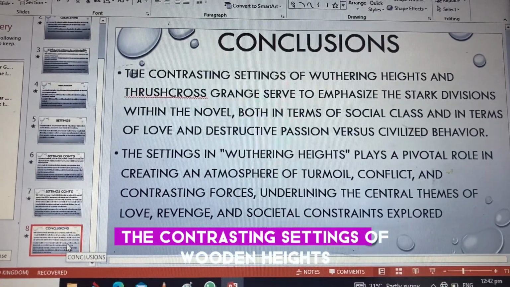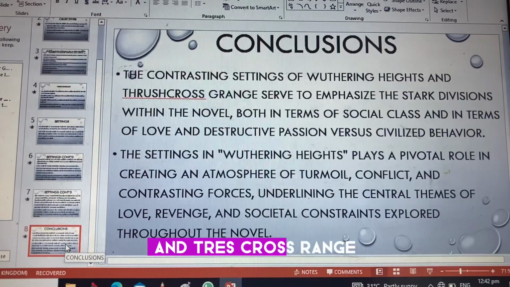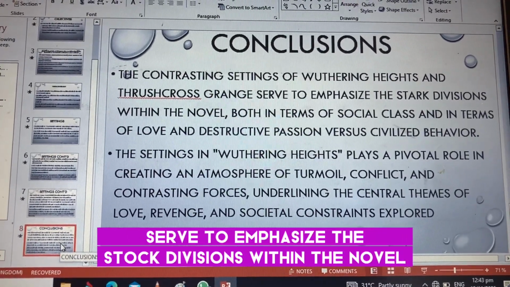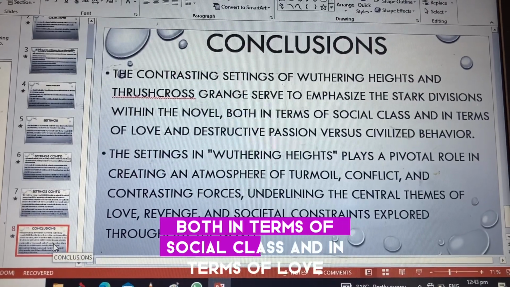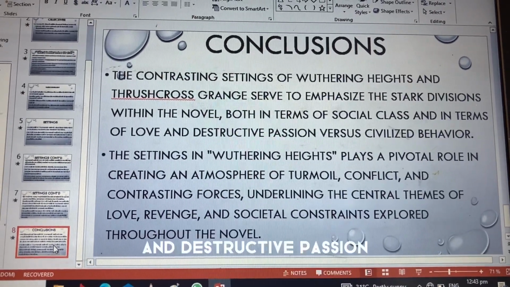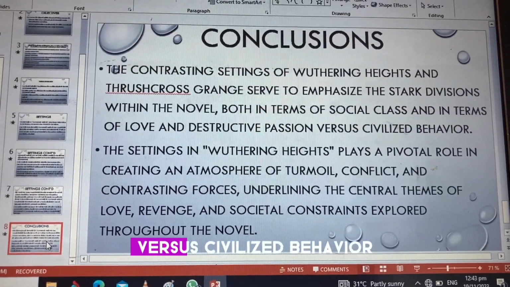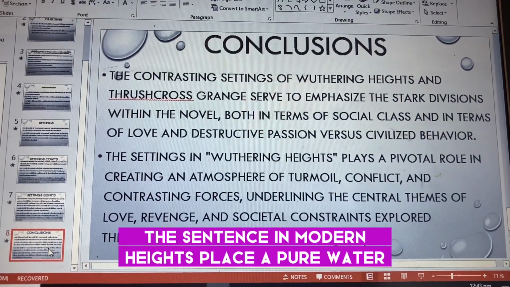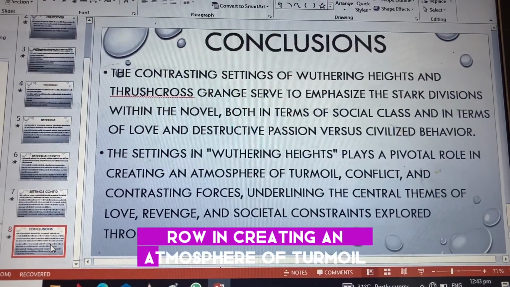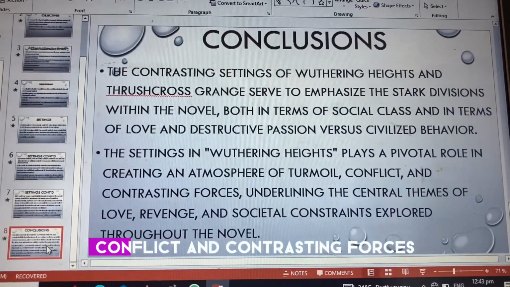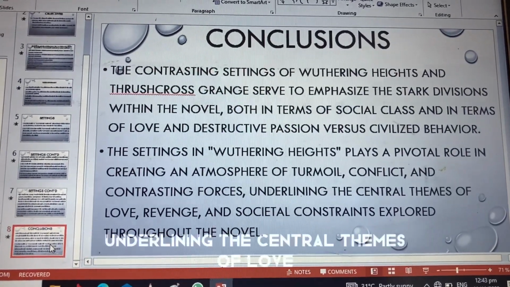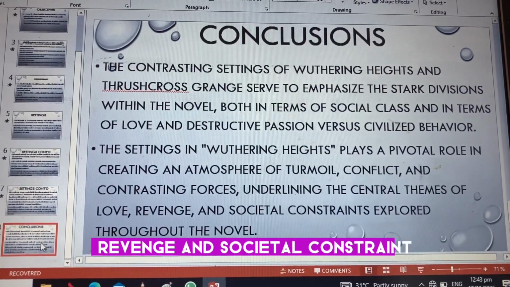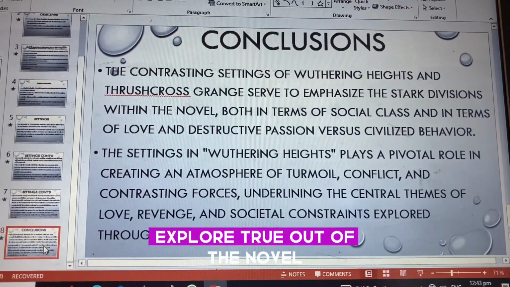The contrasting settings of Wuthering Heights and Thrushcross Grange serve to emphasize the stark divisions within the novel, both in terms of social class and in terms of love and destructive passion versus civilized behavior. The settings in Wuthering Heights play a pivotal role in creating an atmosphere of turmoil, conflict, and contrasting forces, underlining the central themes of love, revenge, and societal constraint explored throughout the novel.